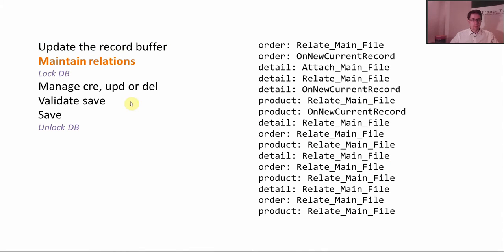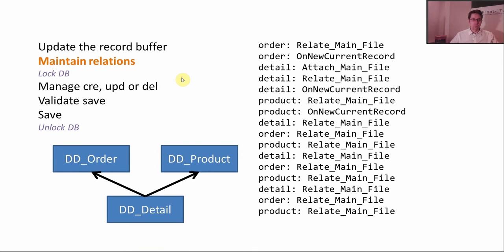Then we have maintain relations, and we run all of these functions, relate main file, and updating the relations.